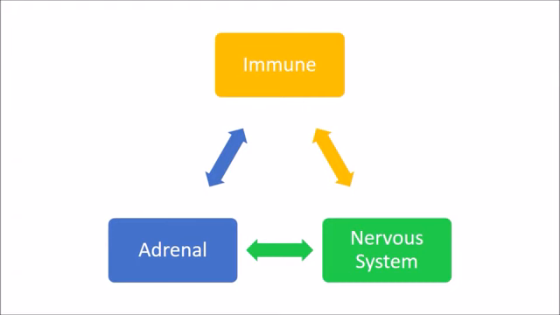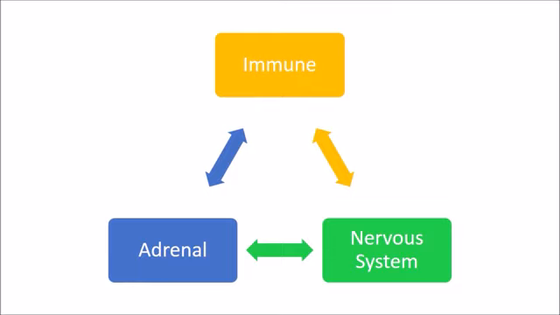There is a strong correlation between the adrenal type and the nervous system type, because the adrenals are involved in stress hormone secretion. There is an axis of continuity and relationality between the immune type, the adrenal type, and the nervous system type. When someone has weak immunity over a long period, the strain of it will eventually affect the adrenals and weaken them.